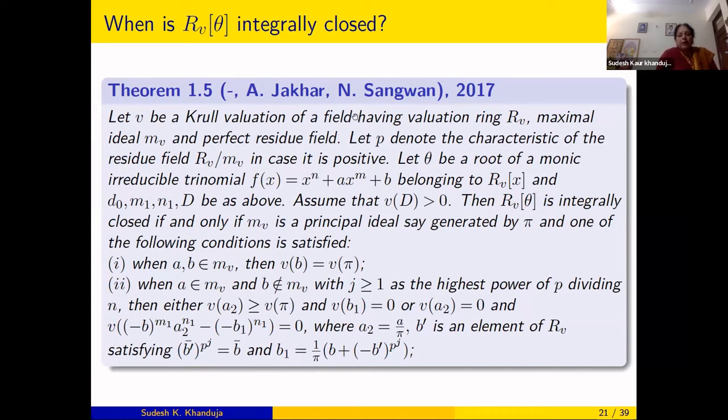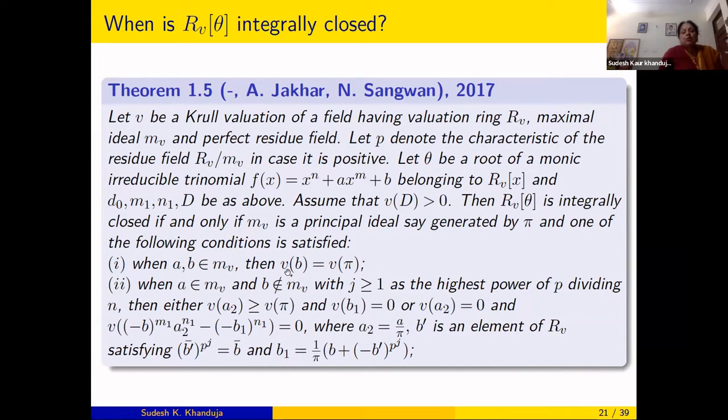So assume that the valuation of D is positive. Then RV[theta] is integrally closed if and only if the maximal ideal MV of RV is a principal ideal, say generated by pi, and the following conditions are satisfied. Number 1, when a and b both are in MV. Remember, when we were dealing with Z, we said p divides both a and b, then p squared does not divide b.